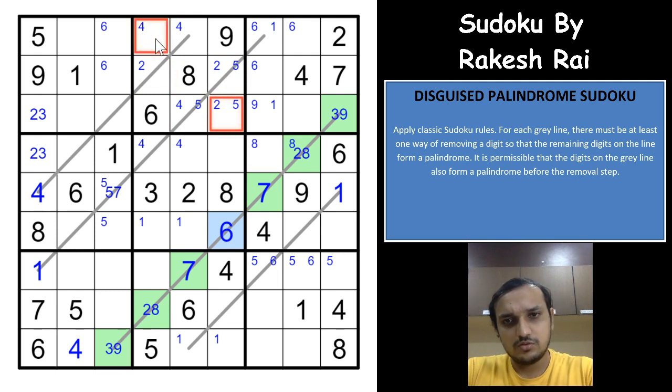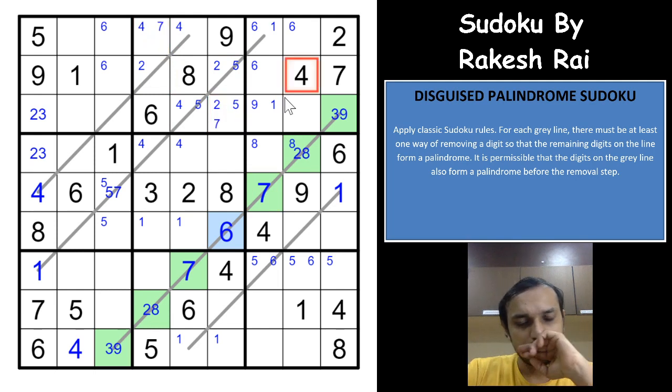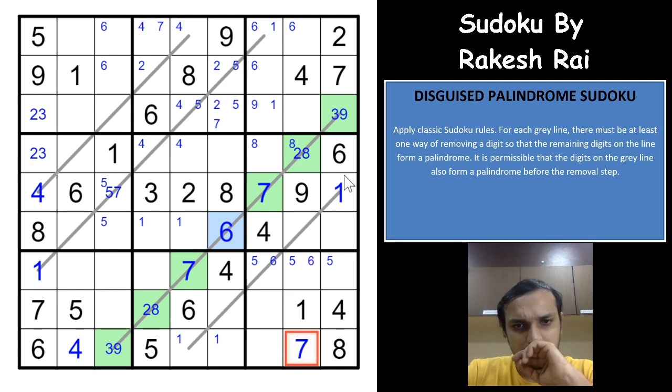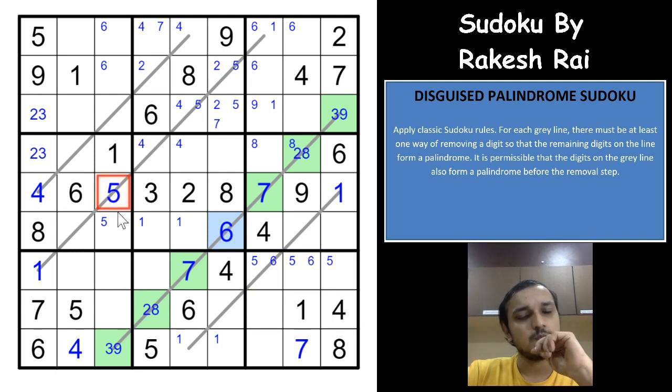Okay, yeah. 7 cannot be here, 7 cannot be here, 7 cannot be here, so this cell would have to be a 7. This cell would have to be a 5. Okay, anything else?